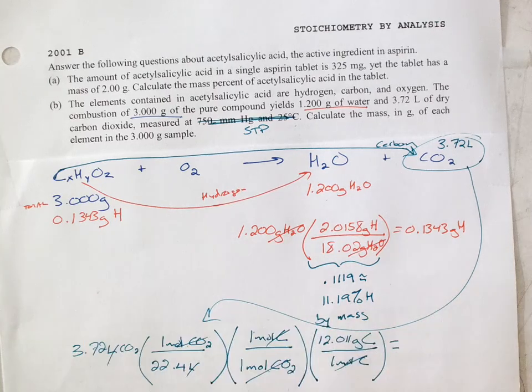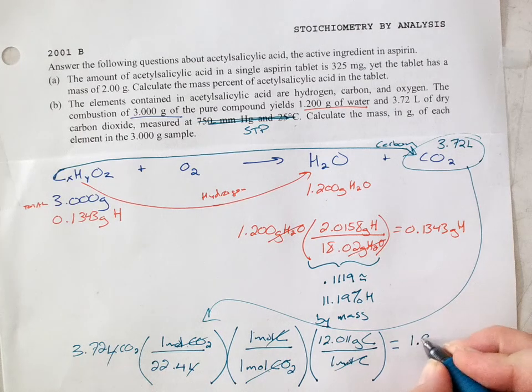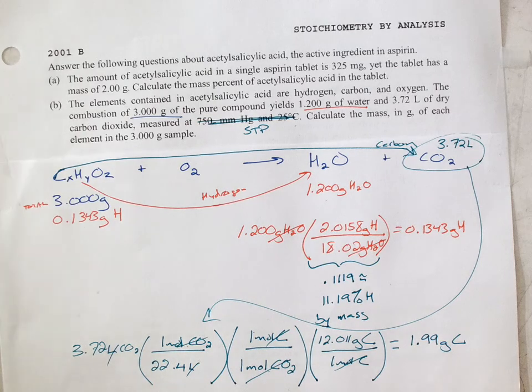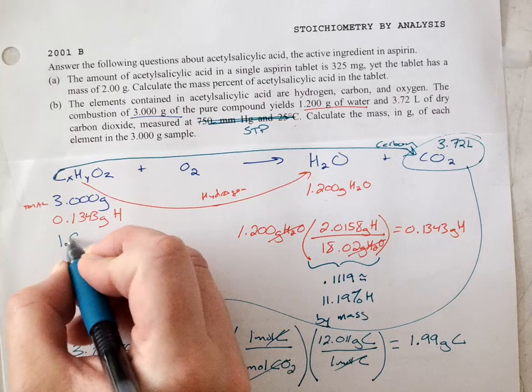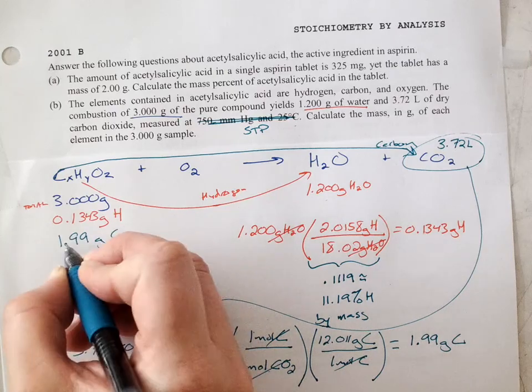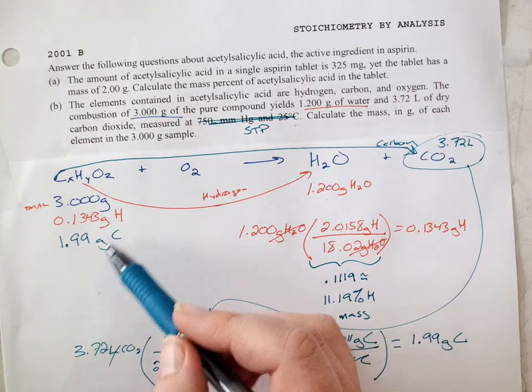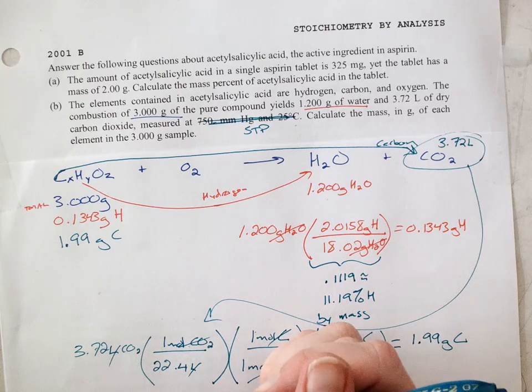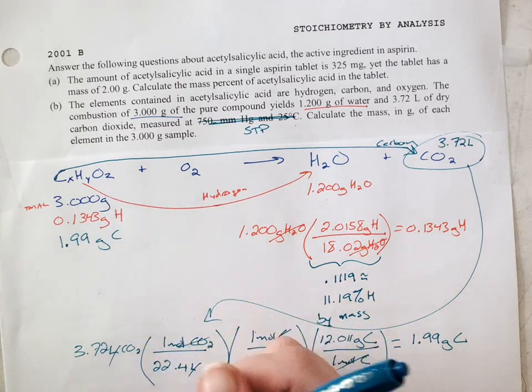And all the carbon came from the acetyl salicylic acid. Okay, I got 1.99 grams of carbon. To 3 sig figs, because this guy's 3 sig figs. And remember, all of that came from here, 1.99 grams of carbon. I figured out 2 of my elements, and I know my total. Let's just subtract, and I'll have the oxygen.